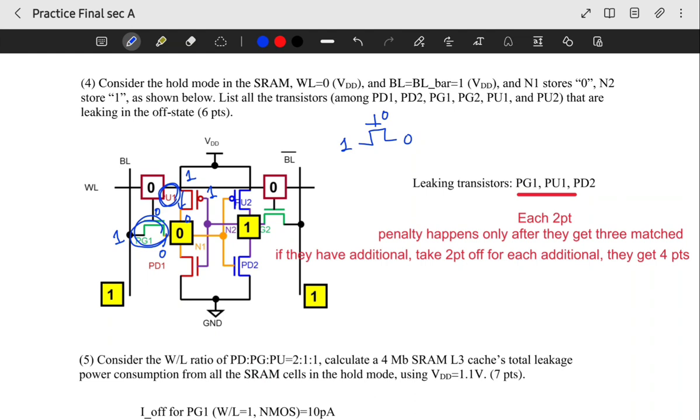Here also PD2, we have 1 volt on this side, and the bottom side we have 0, and this NMOS gate is 0, so it should be turned off, but because we have some difference between these two, we will see some leakage. So PD2 is a leaking transistor. So PG1, PU1, PD2, these three are leaking transistors.